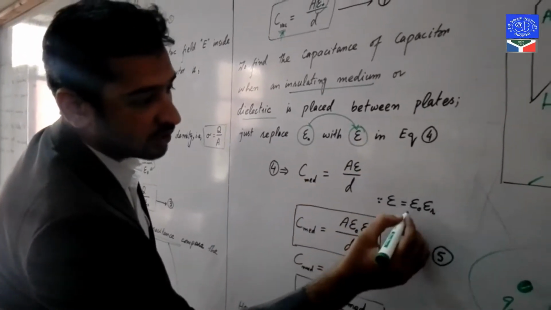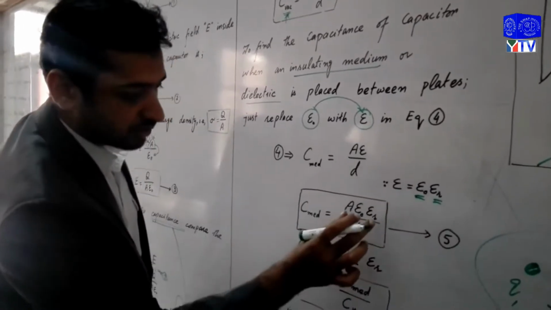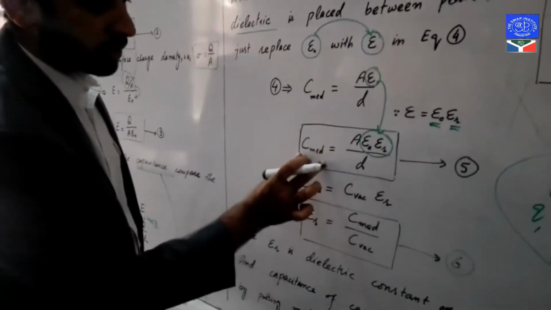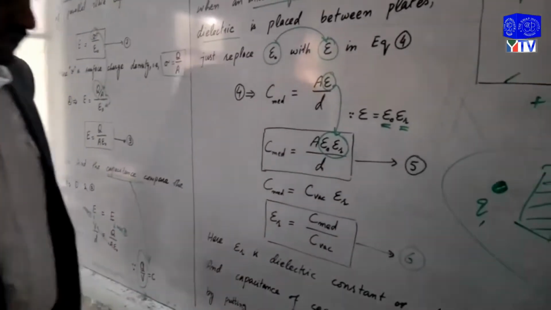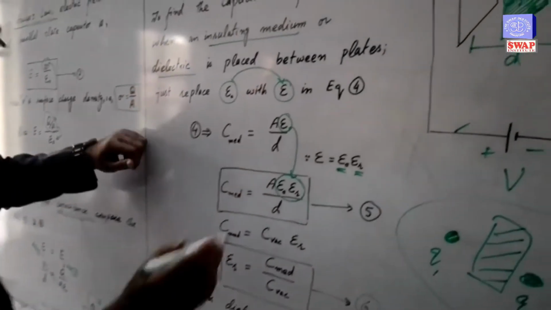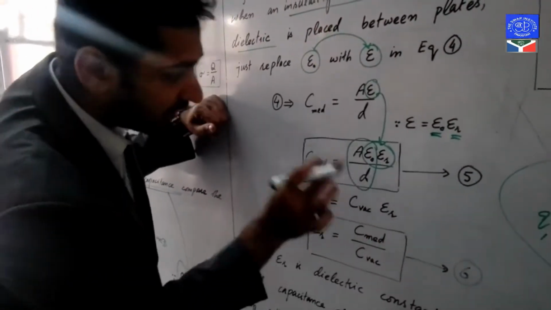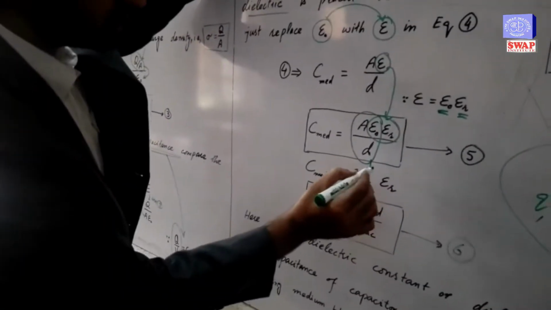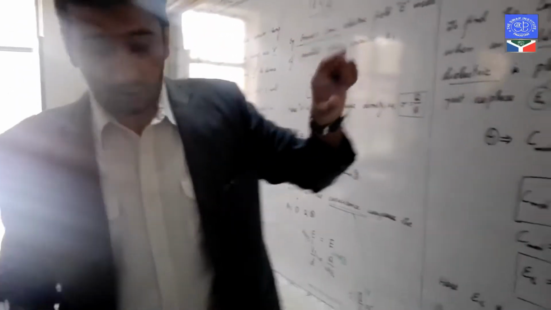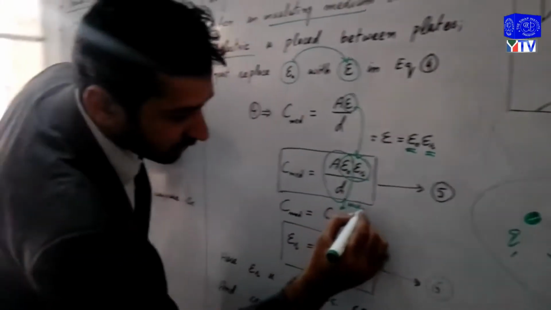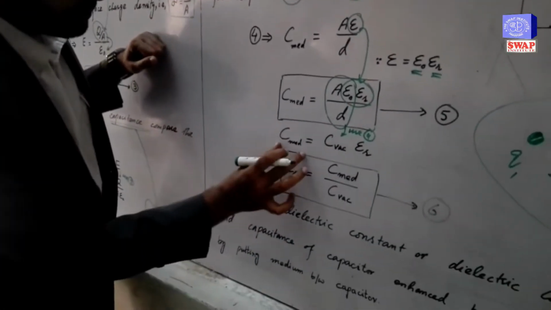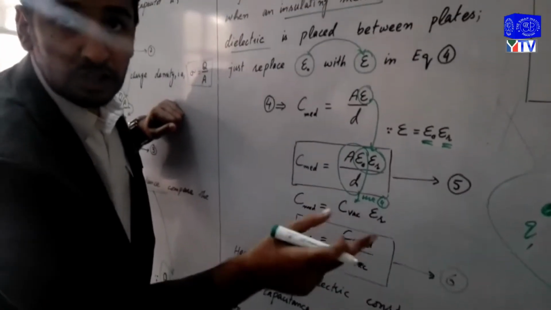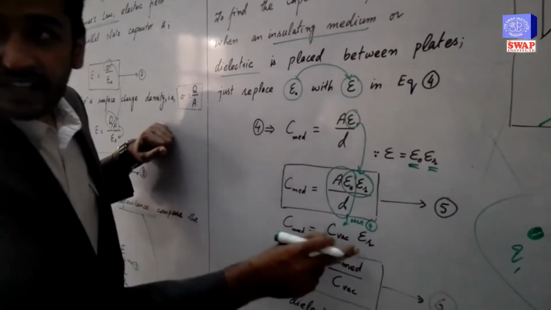Here epsilon is equal to epsilon naught times relative permittivity. So just putting this factor in the equation, we get the capacitance when medium is placed between two plates. This factor is like equation number 4, the capacitance when no medium is placed, the vacuum. By using equation number 4, we get the capacitance of the medium equal to the capacitance of the vacuum multiplied by the dielectric constant.